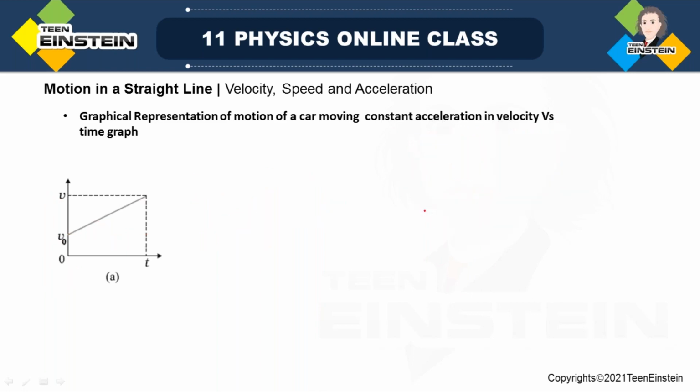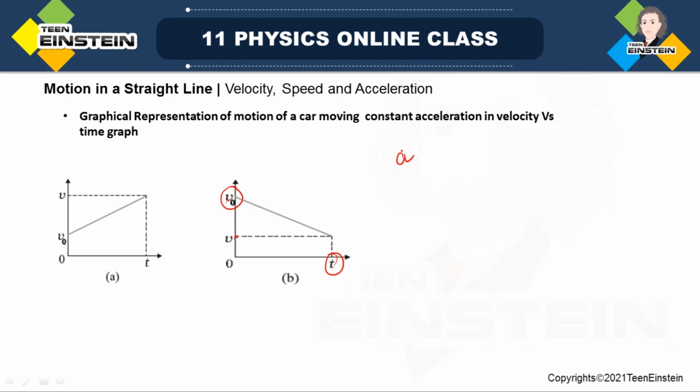Now I'll get the curve B. Look here. This is the initial case. At t equal to 0, the velocity was v0. Now at t equal to t, the velocity is somewhere here.